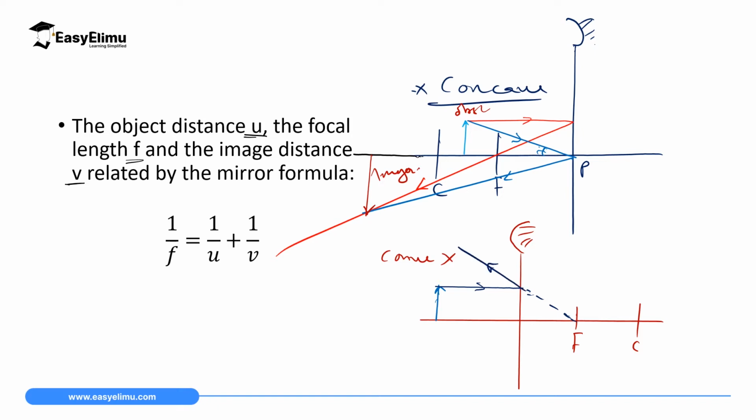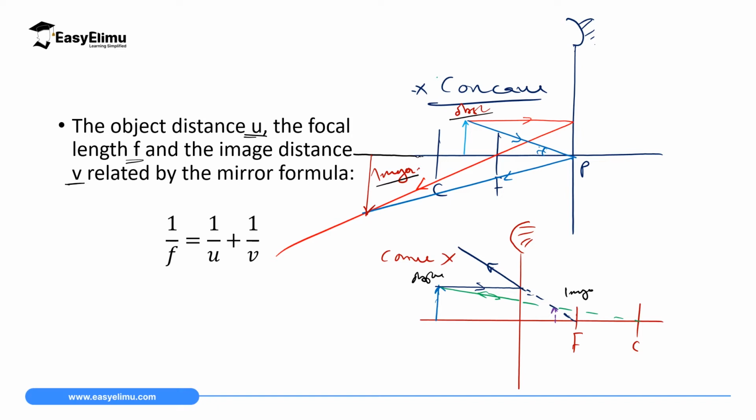Another ray that we can use is a ray from the tip heading through C, or appearing to come from C. This ray will be reflected along its own path. So it will be virtual behind the mirror. This one will reach the mirror and then go back on its own path. So we will have our image, which is virtual, at this point. Now if we label them, this is the image, and this is the object.